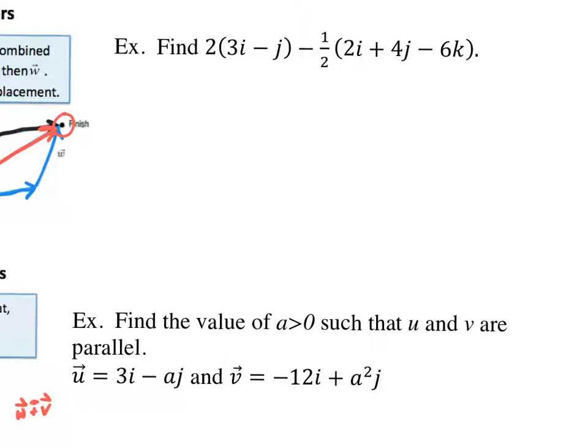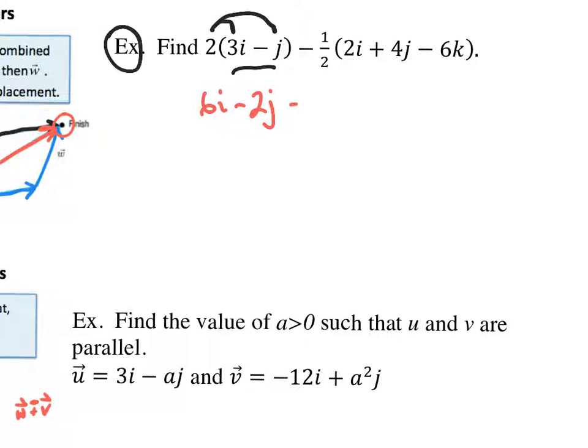Okay, let's do some examples here. This one is just using some algebra to put this stuff together. This is a vector that's written with i and j, so it does not have a z component. If I want to deal with this, I can take this scalar and multiply by each one of those pieces of the vector, and I'm going to get 6i minus 2j.